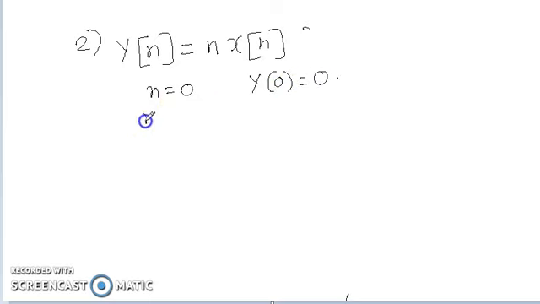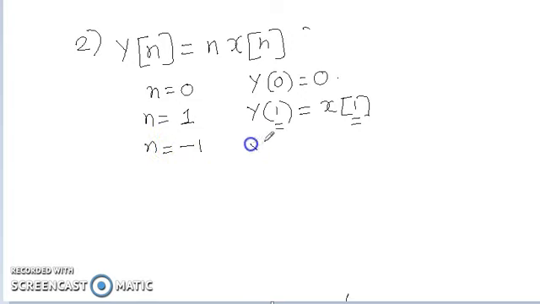Then we check the system with n equal to 1. We get y[1] equal to x[1], that means the output at this instant is dependent on the same instant. For n equal to minus 1 we get minus 1 times x[-1].